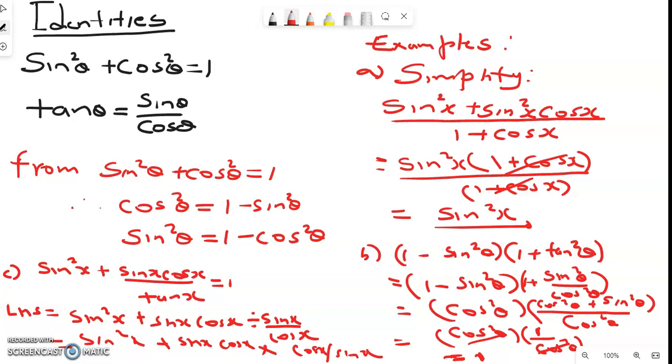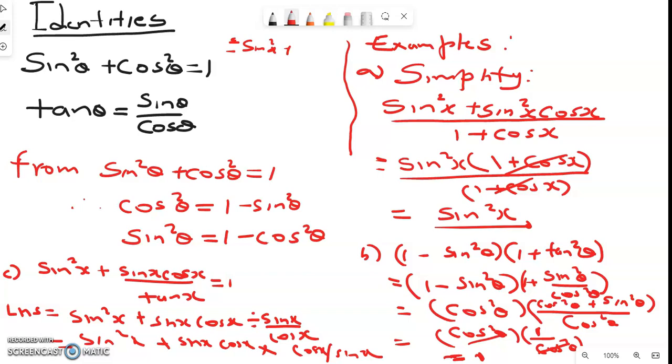Let us continue here with our example. I have run out of space, so this can be simplified further to sine squared x plus sine x cos x over sine x.